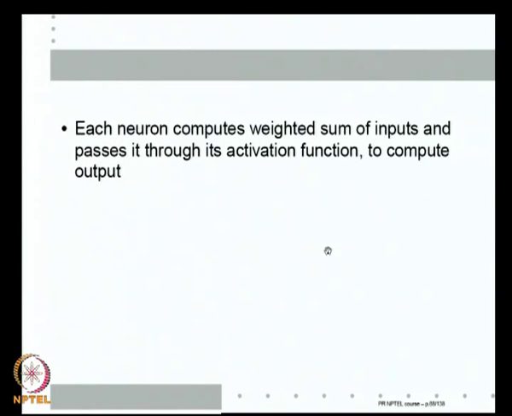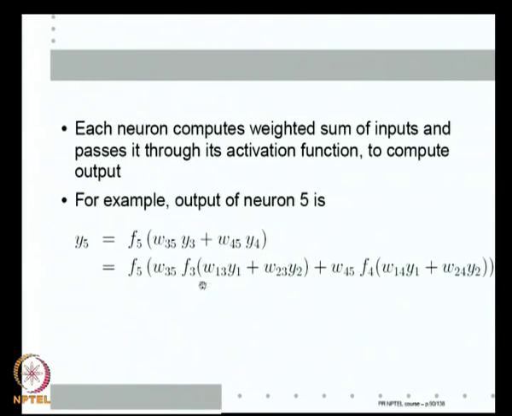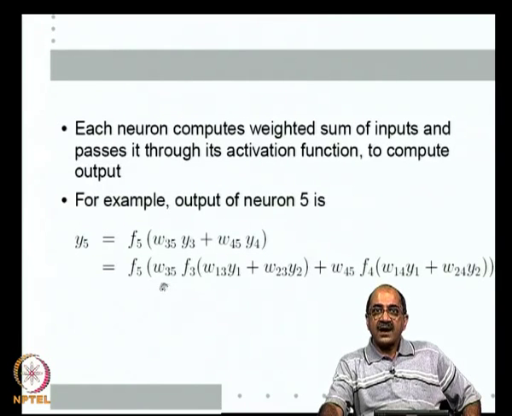So, if I expand that, y3 becomes f3 of w13 y1 plus w23 y2, and y4 becomes f4 of w14 y1. So, as you can see, this output is now a function of all the weights and the inputs y1 and y2, and these are obtained through composition.